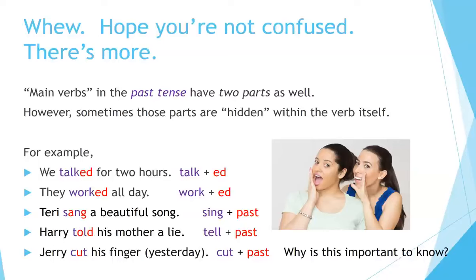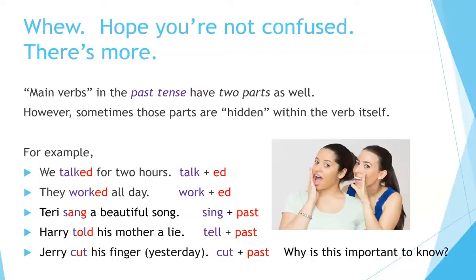And the past tense is merged into the verb. Terry sang a beautiful song. Harry told his mother a lie. We have tell, the main verb, plus past tense, and it becomes told.